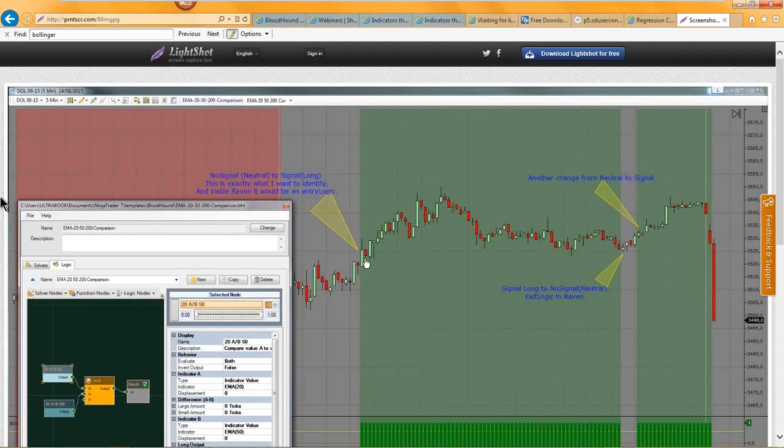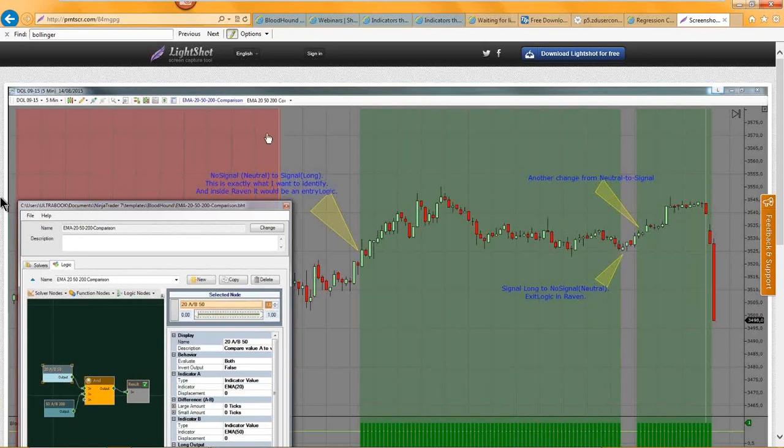So he just wants to identify the first bar of the signal, and then identify when the signal ends and goes into no output, right? When there's no signal, he wants to identify that point.